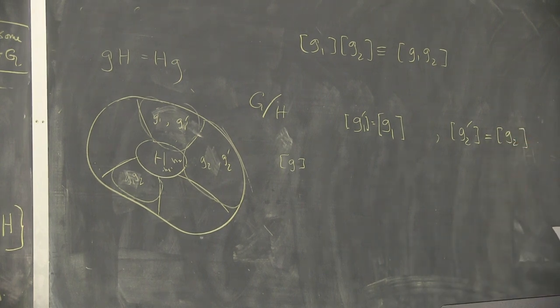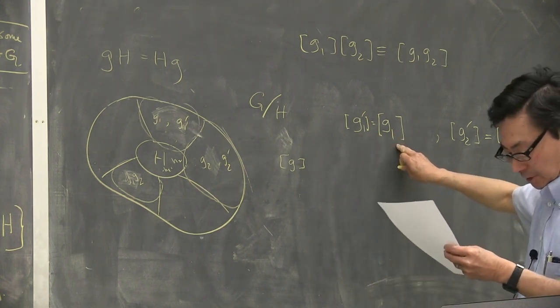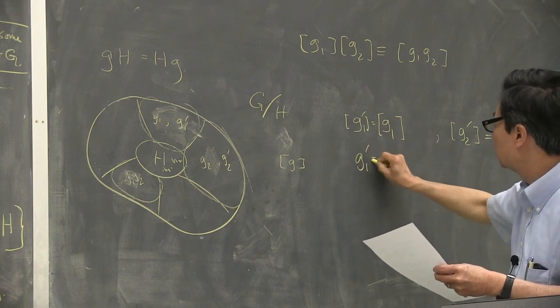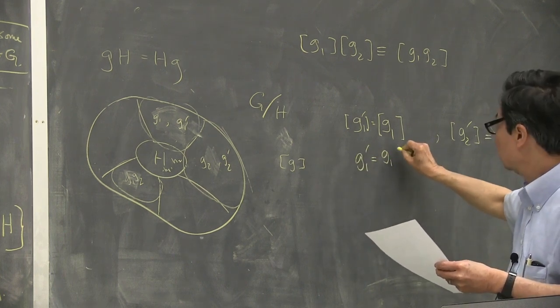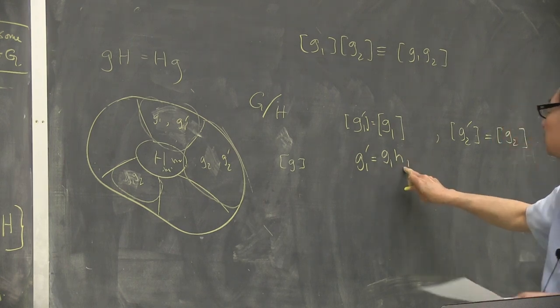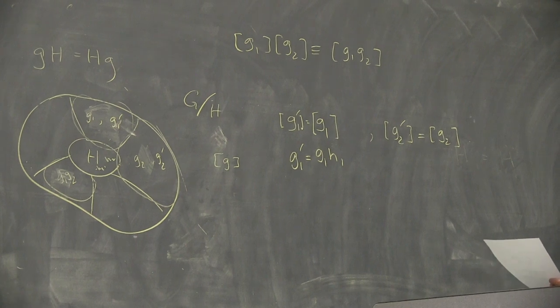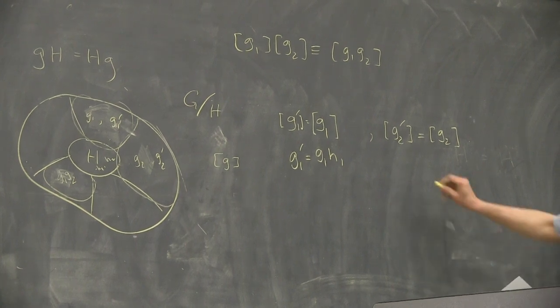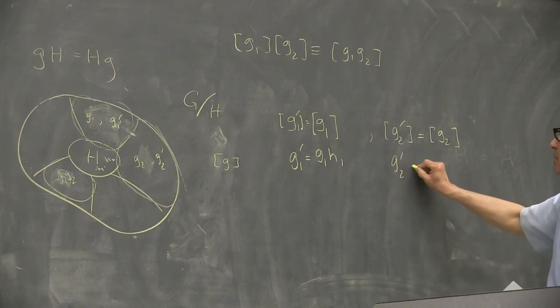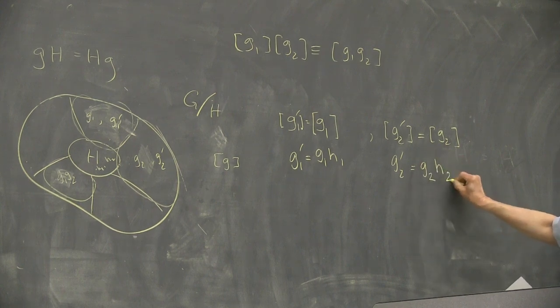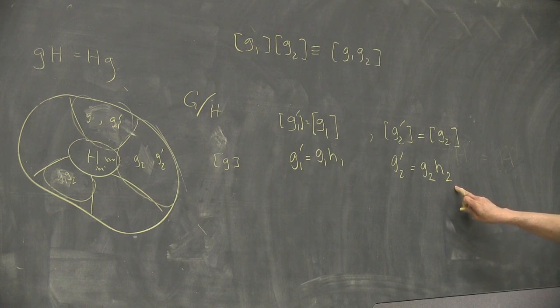Now, if G1 prime and G1 sit within the same coset, by definition, I have G1 prime must be equal to G1 multiplied by some H1, which is inside the normal subgroup, okay? And by definition, I have G2 prime must be related to G2 in this fashion, where H2 is some other element in the same normal subgroup, okay?